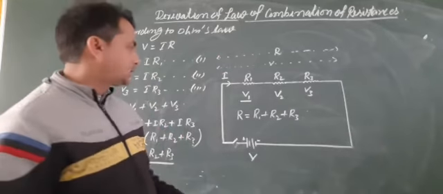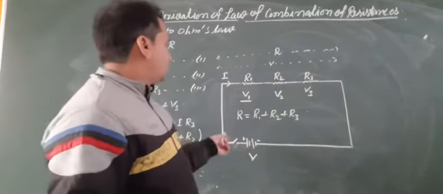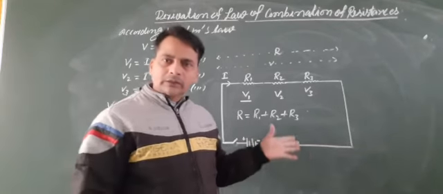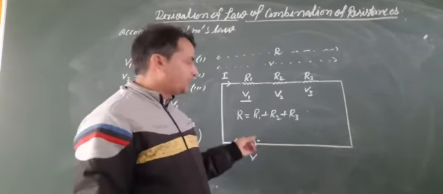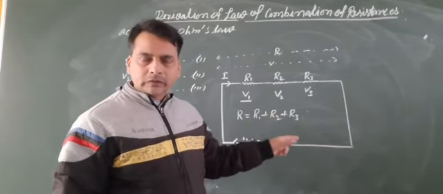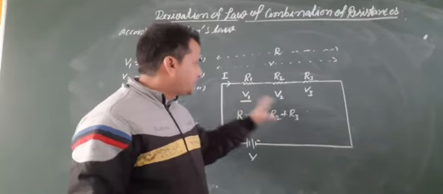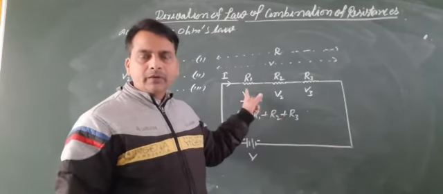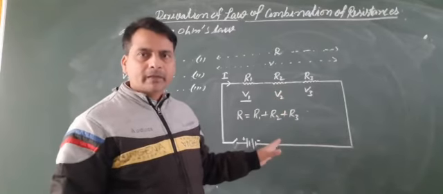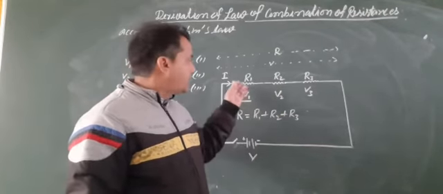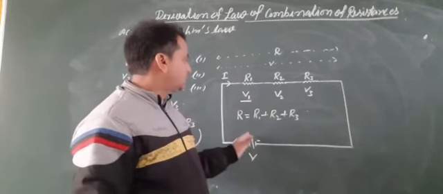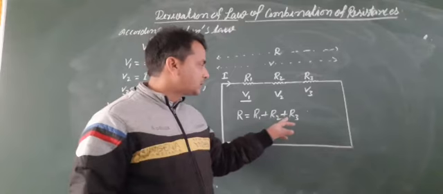It is clear that the equivalent resistance R is the same as the sum of the individual resistors in the circuit. In this circuit, R1, R2 and R3 are used in series combination.